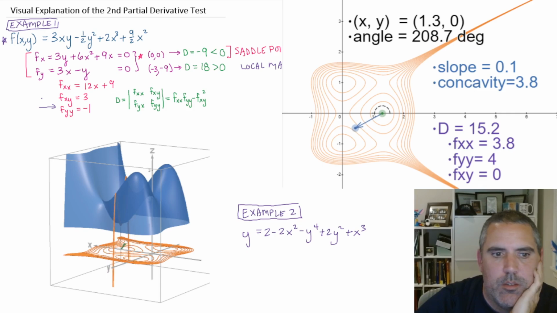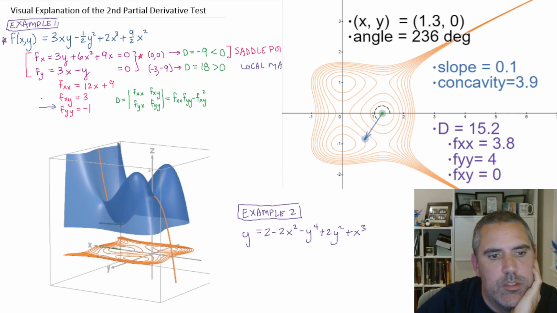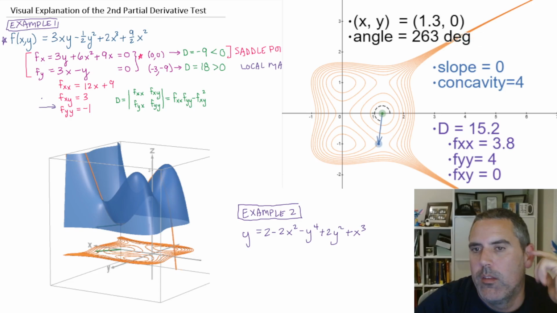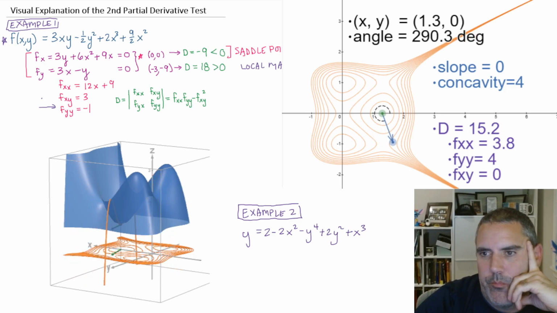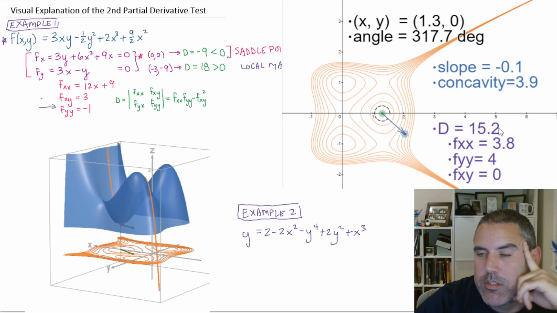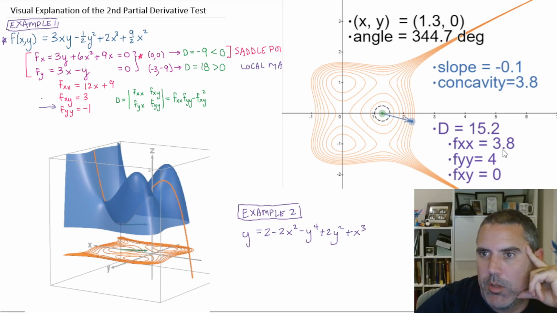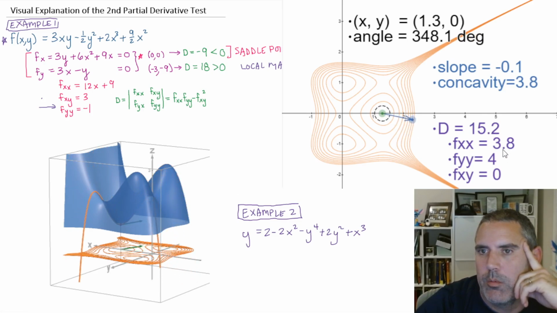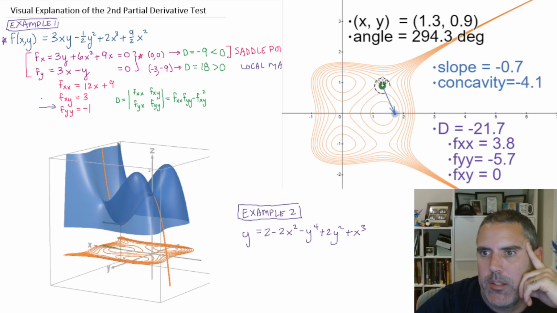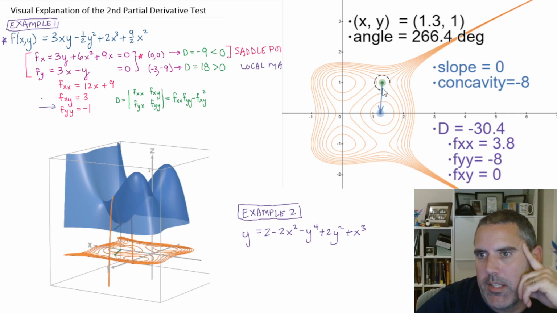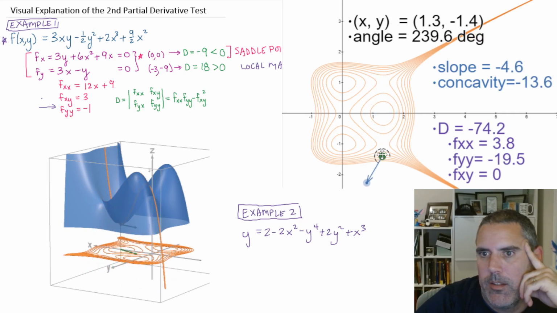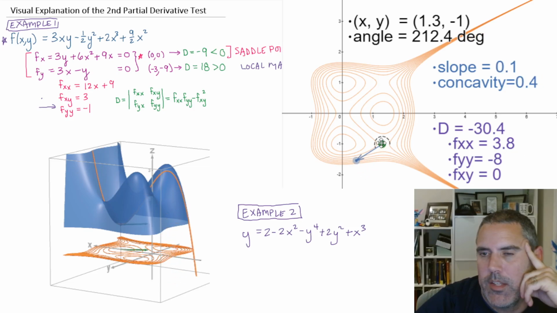I'll make this go a little faster, make this one go a little slower. And there we go. That one's concave up in all directions. D is positive, the mixed partials are positive. There we go. And then there's two other saddle points. There's a saddle point here. Notice the D is -30-ish, and over here the D is negative. That's what those numbers are.